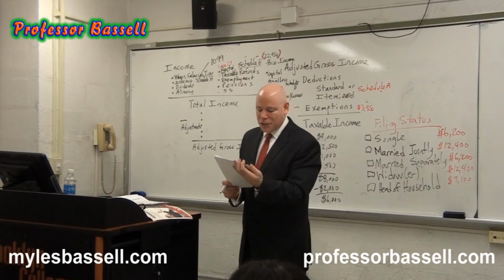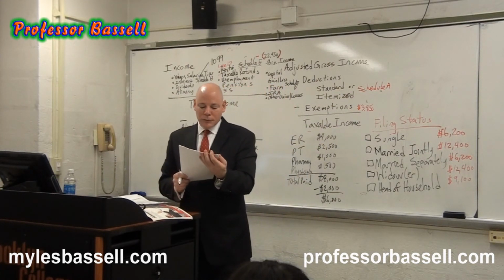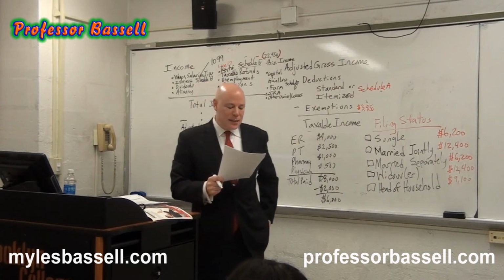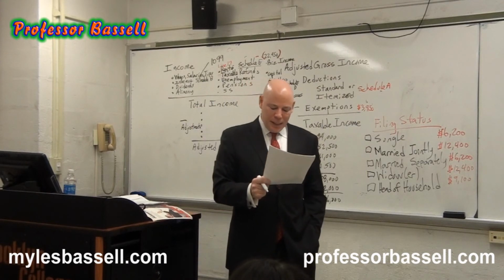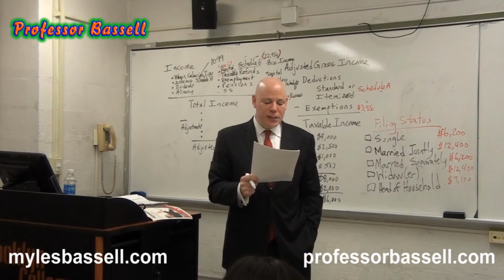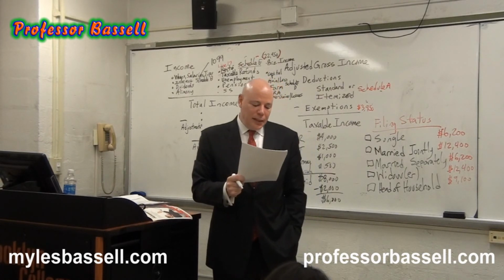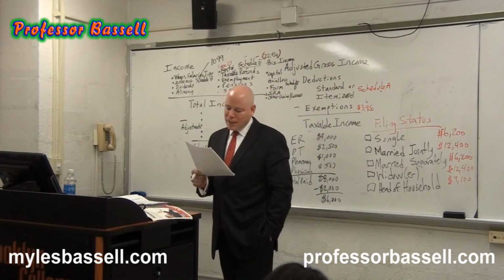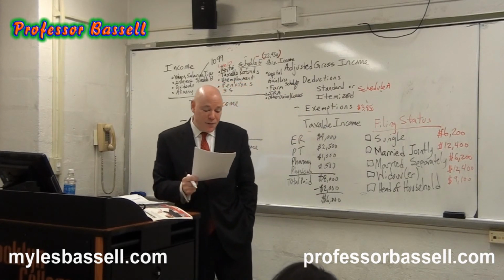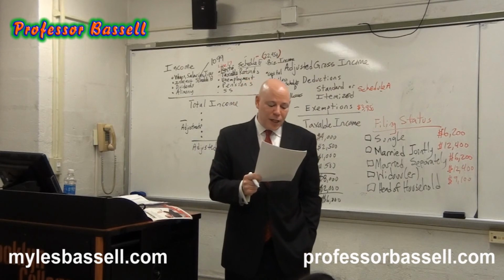Let's see. Now the next section is taxes you paid. So we're going to assume that the state and local income tax that we paid is $8,570, and there's no limitation. There's no 2%, 7.5%, 10%. Whatever it is that we paid in state and local income tax, we can deduct.